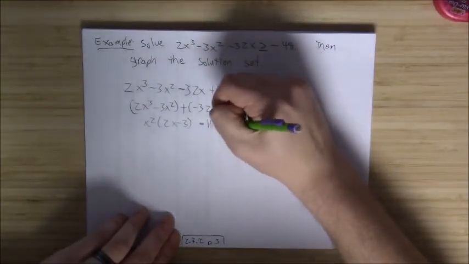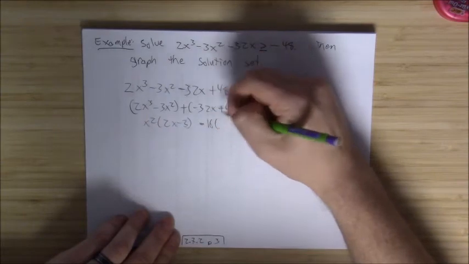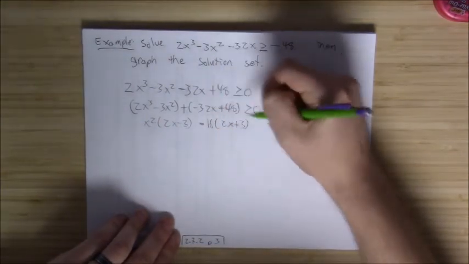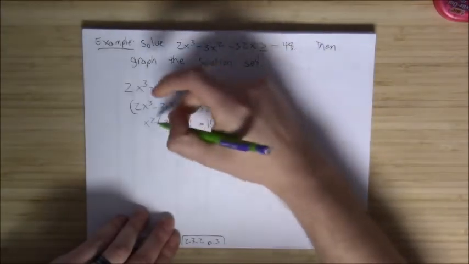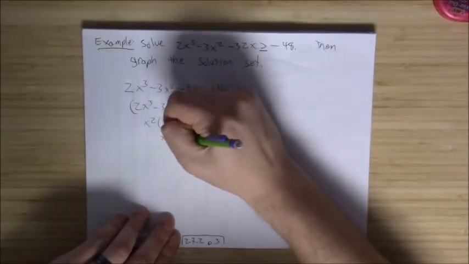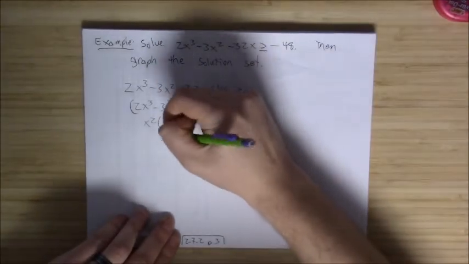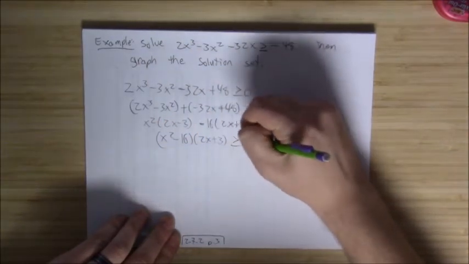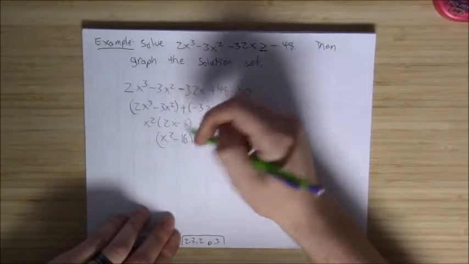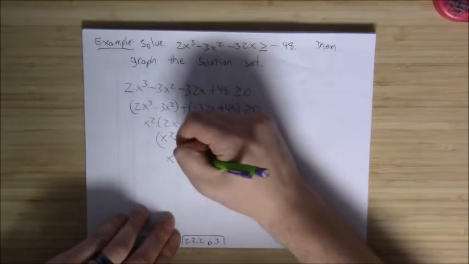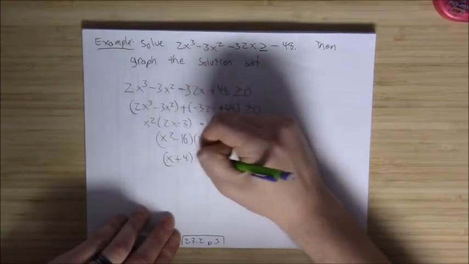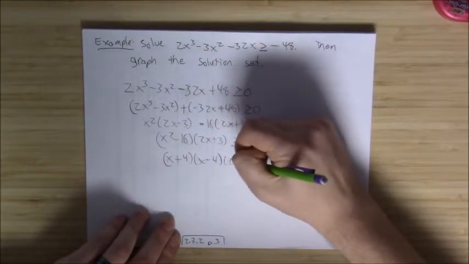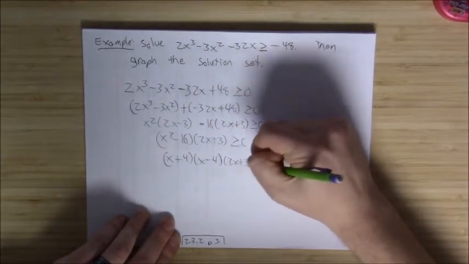So minus 16 times 2x plus 3. In other words, we have x squared minus 16 times 2x plus 3 is greater than or equal to 0. And we can still factor this because of the difference of squares. We have x plus 4, x minus 4, and 2x plus 3 greater than or equal to 0.